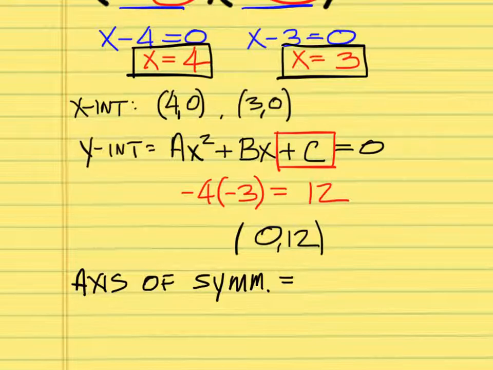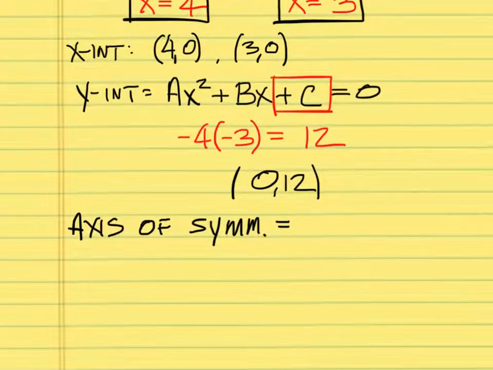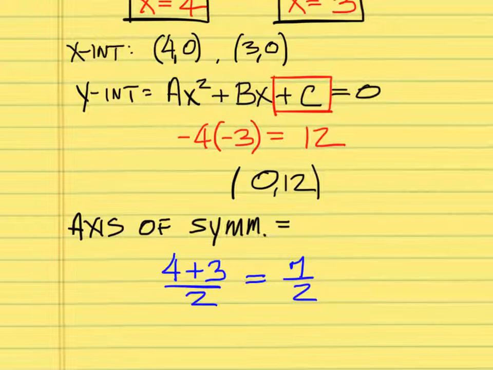If the graph is cut into 2 equal parts, that means the line is going to run through a point exactly halfway between the x-intercepts. If that is the case, then you could add 4 and 3 and then divide by 2 to get the halfway point. That is 7 over 2, which is 3.5. That is the axis of symmetry.